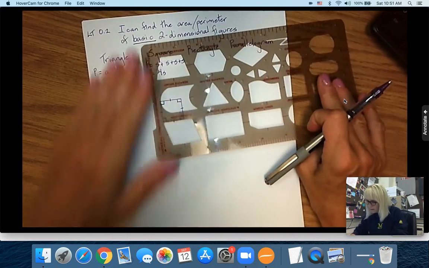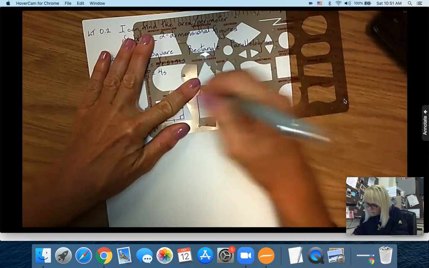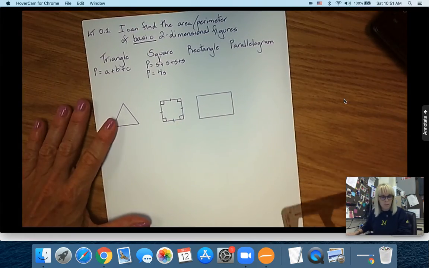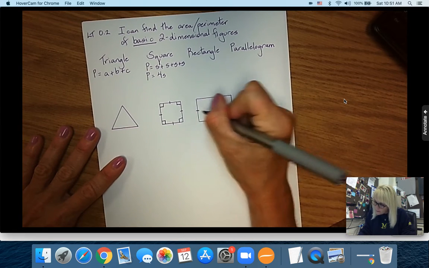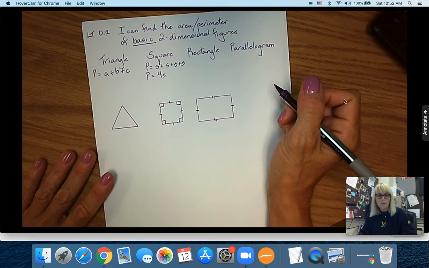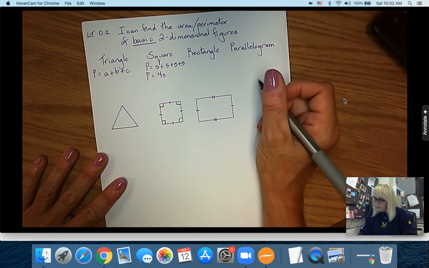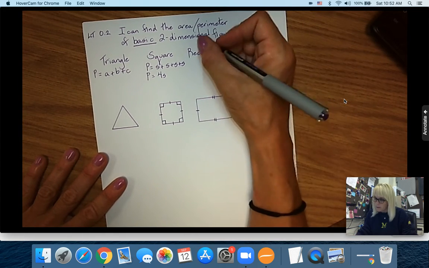For a rectangle, again, you would add the four sides together. Okay? Now with a rectangle, opposite sides are congruent. So we are going to add the four sides together, but these two will always be the same, and these two will always be the same.